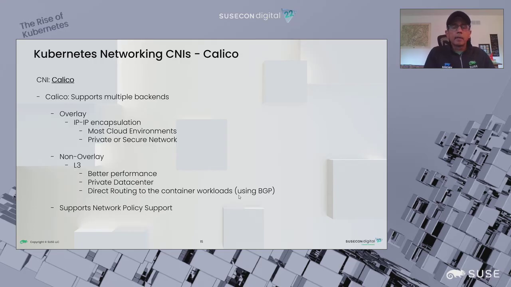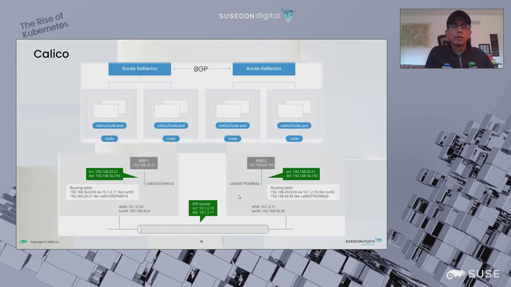By using BGP, of course, you can advertise all your routes onto the common network where there might be other workloads. So it makes it a very easy and clean way to have routing between not only your Kubernetes workloads but also external workloads.